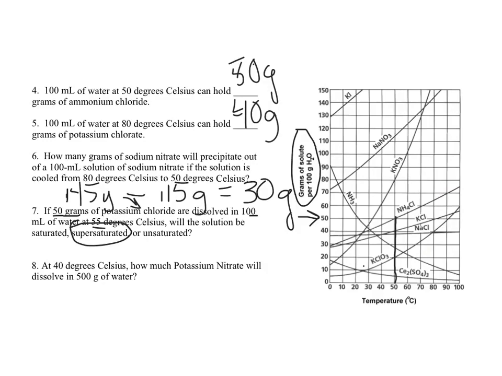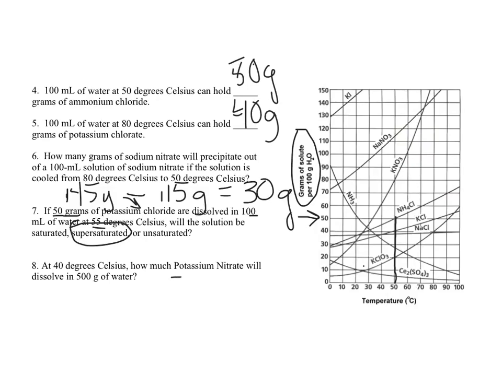If you think through this logically, if I know how much will dissolve in 100 grams, but instead I have 500 grams of water, so 5 times as much water, 5 times as much solvent, I can dissolve 5 times as much solute. So my graph will tell me how much solute I can dissolve per 100 grams.